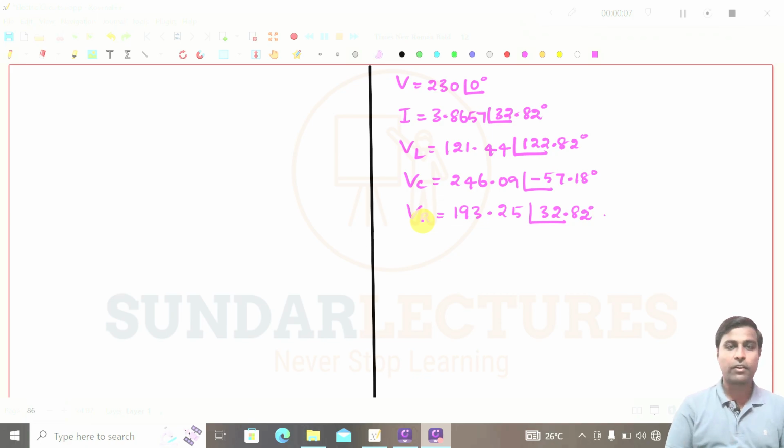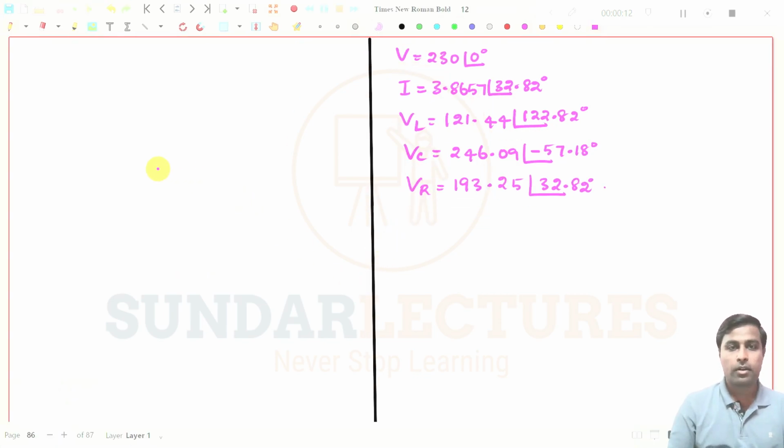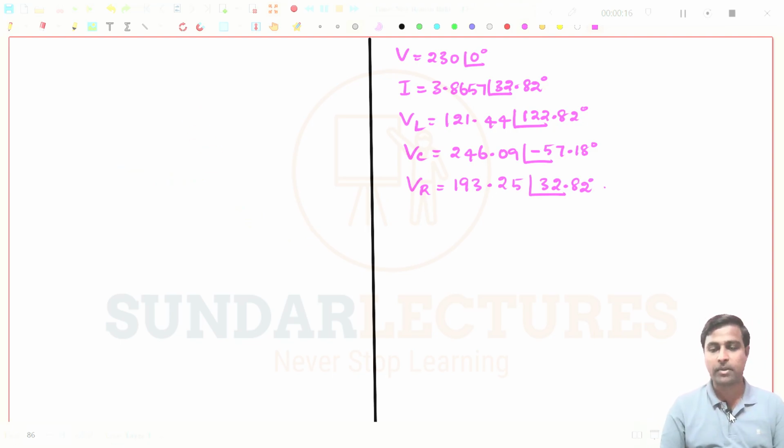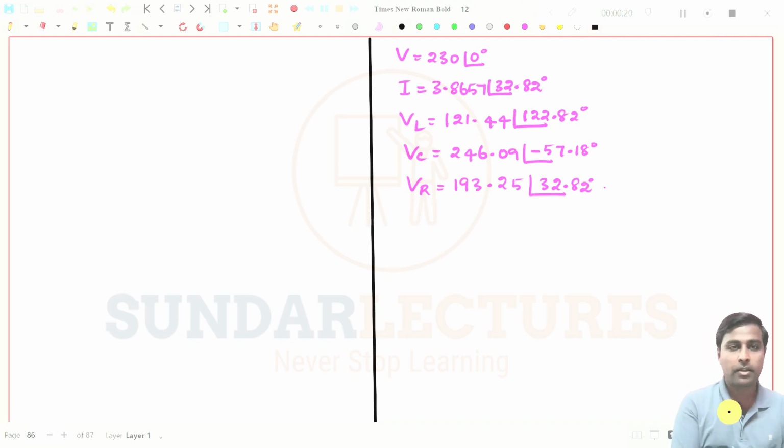Now we try to draw the reference phasor. I am just going to take the I phasor as the reference, at 0. Let me draw that one. This is the reference value I, right?